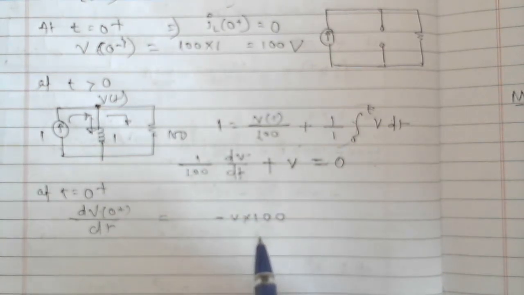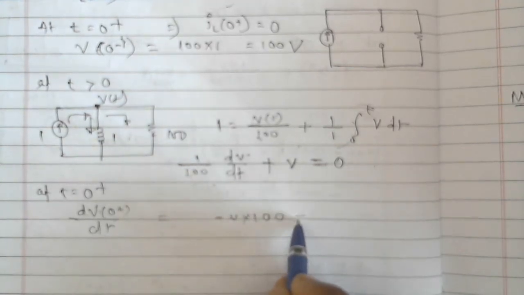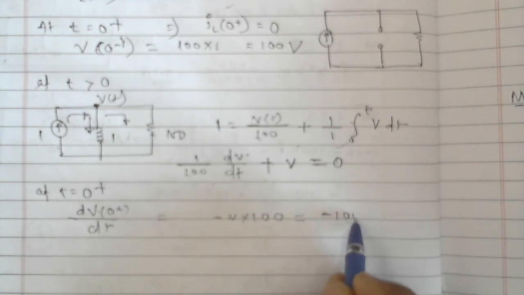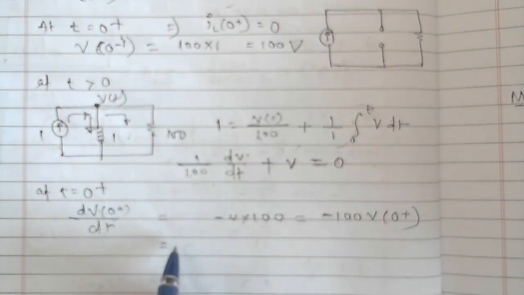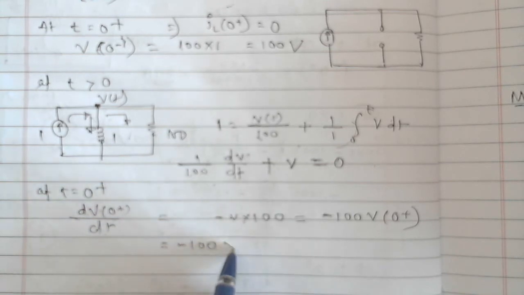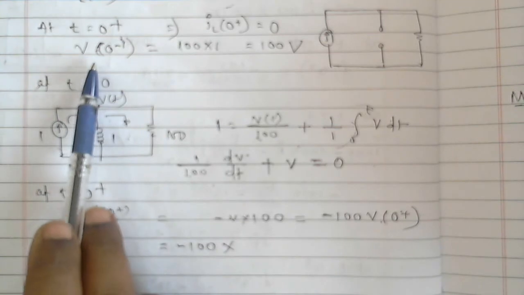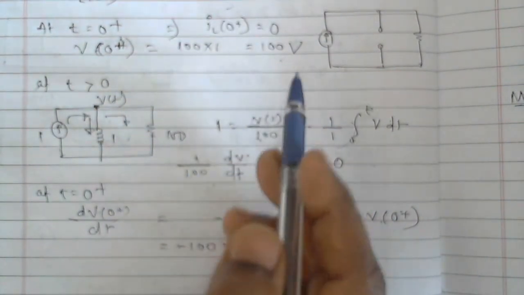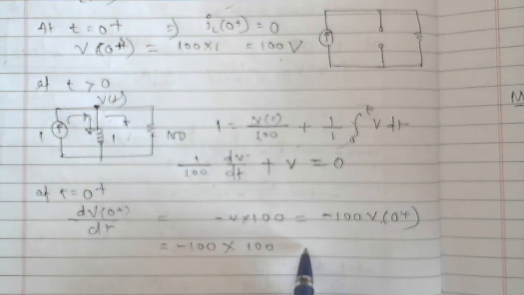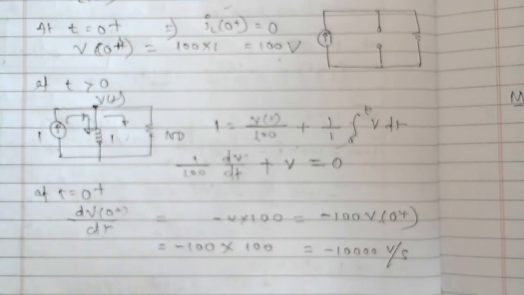But that v is at 0 plus, so I can say minus 100 v at 0 plus, am I right? So it is nothing but minus 100 into the voltage at 0 plus. Voltage at 0 plus, as we solved here, was 100 volt only. So I can write it here, it will be minus 10,000 volt per second.